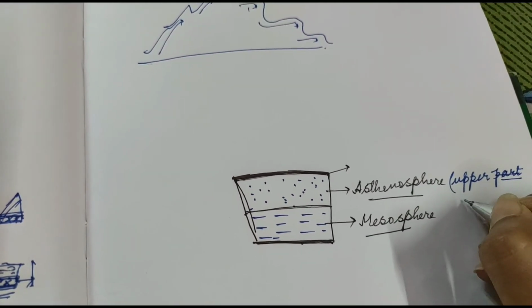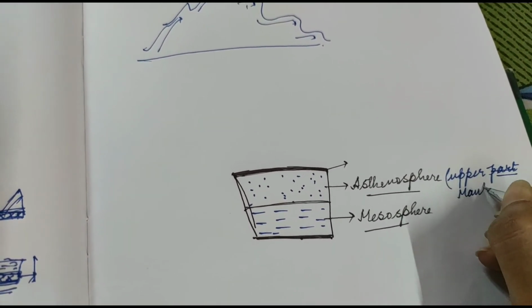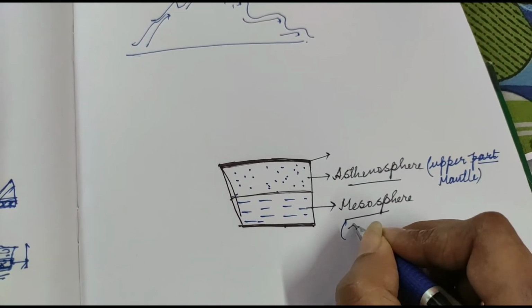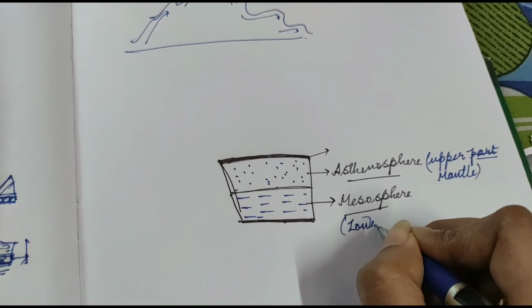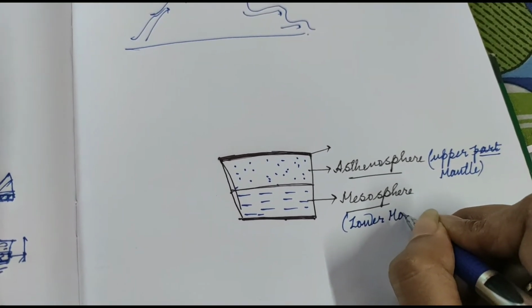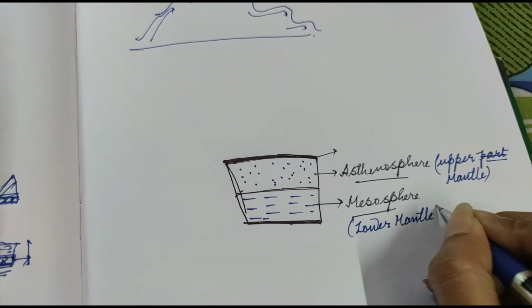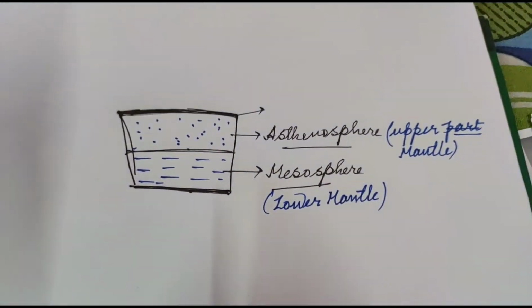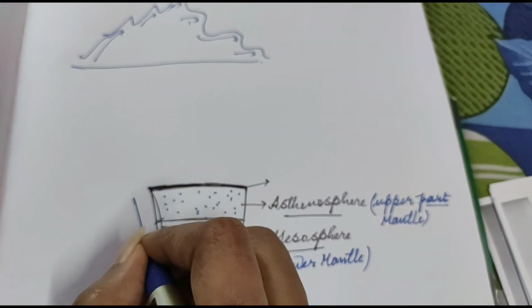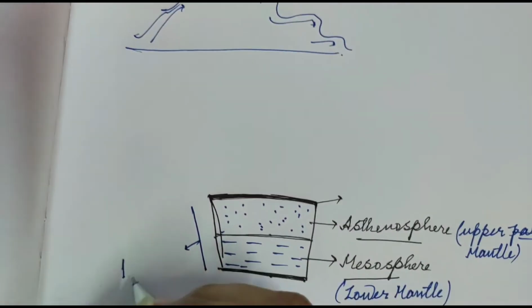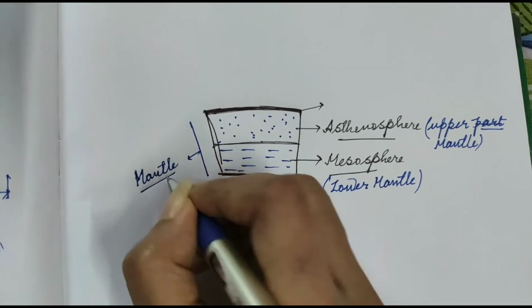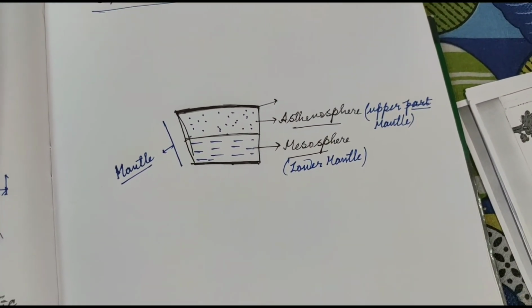You can say the upper mantle is the asthenosphere, and this is the lower mantle. So these two parts make up the mantle. This whole part is called the mantle.